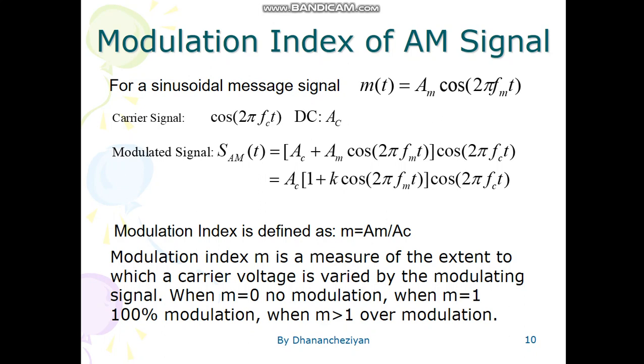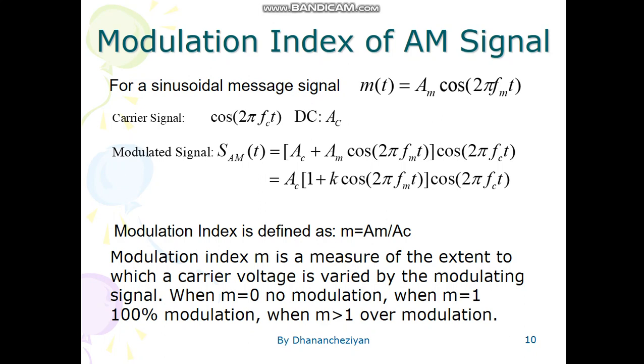From this, your amplitude modulated signal will become Ac of 1 plus k cos 2 pi fm t into cos 2 pi fc t. This parameter k is nothing but Am divided by Ac, and instead of Am by Ac I am replacing it with k. So this k is my modulation index, but in this example I have denoted it as m instead of k, because in most of the books it is given as m.